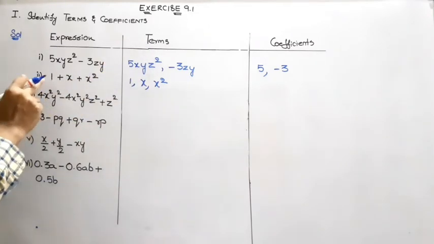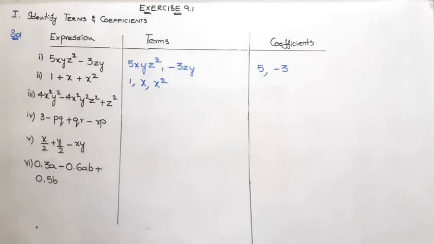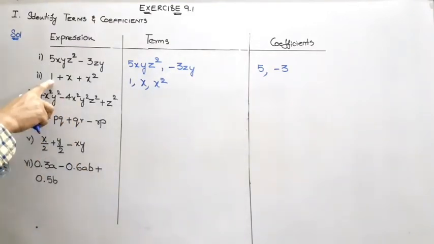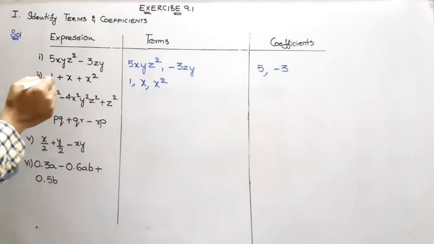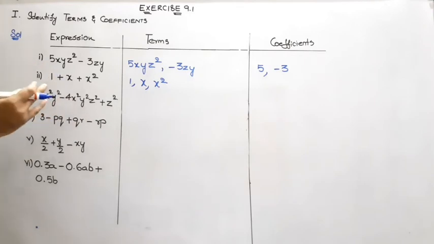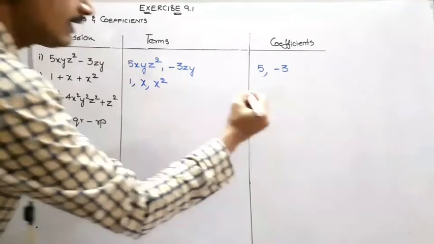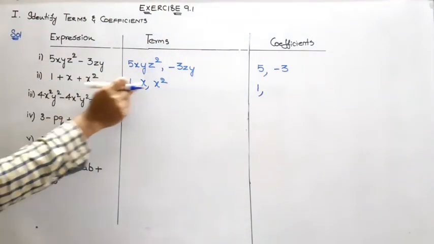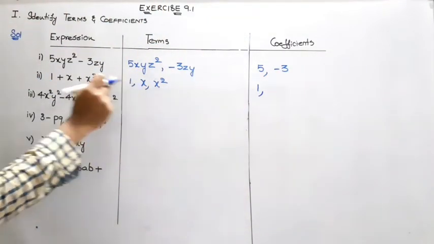Now about the coefficients, we have 1. If there is no numerical coefficient like minus 3, minus 5 like that, we will directly take 1, because 1 into 1 gives us 1.